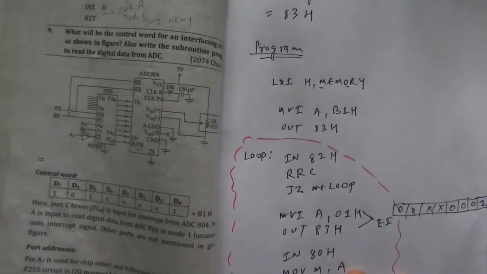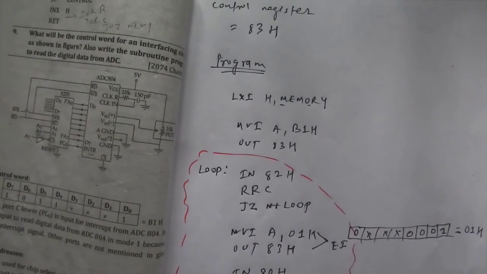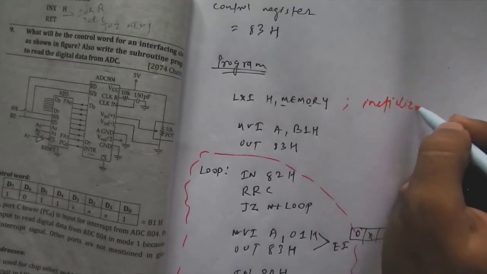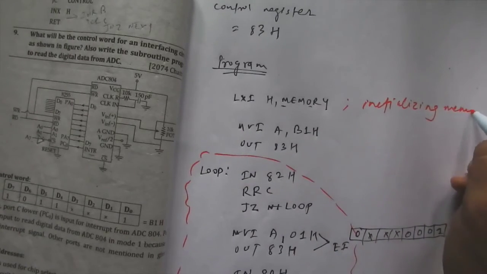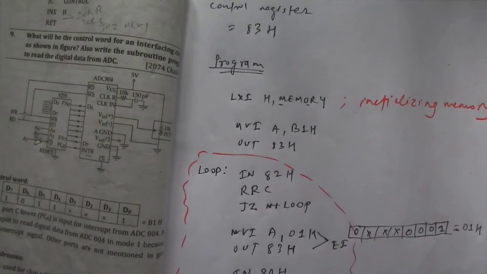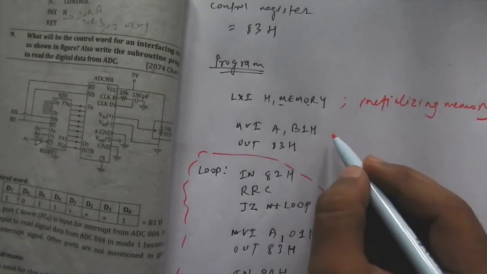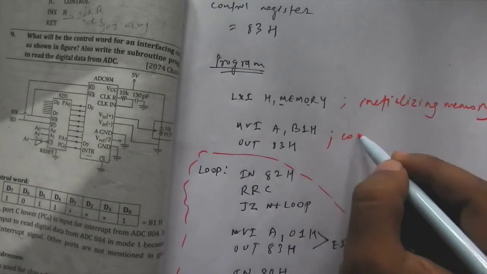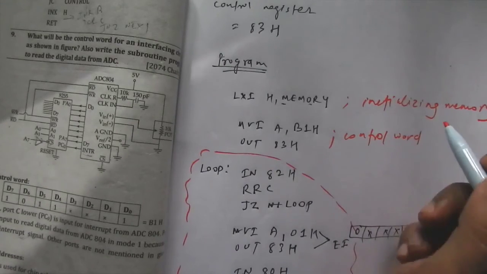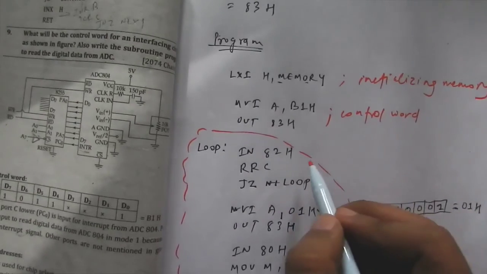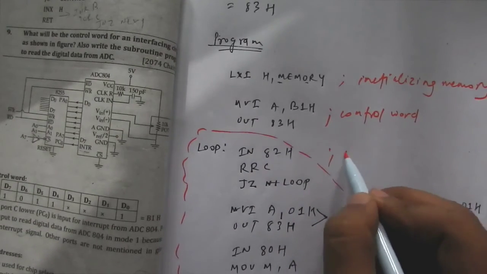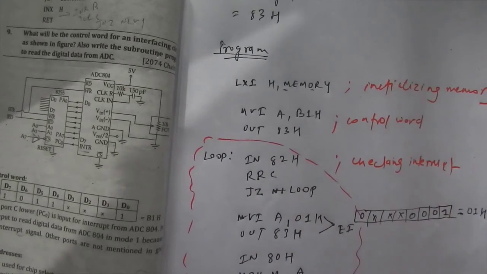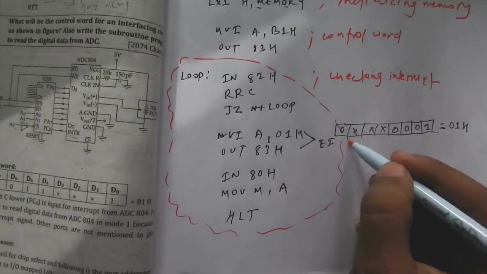Okay, so now let me quickly revise what we have done here. So this is for initializing memory. Okay, and this is for outputting the control word from control register, so control word, and this is for checking interrupt, and this is for enabling interrupt.